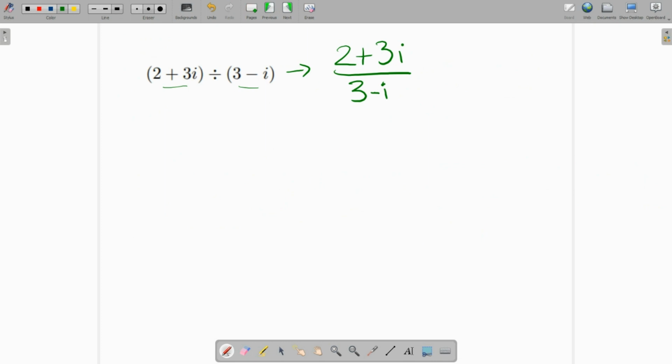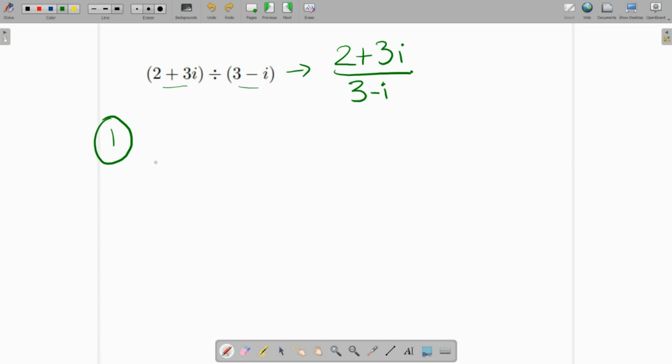So this is basically the rewritten form of this question in fraction form. The first step is always to rationalize the denominator, I guess. So the first step is to multiply the numerator and the denominator by the conjugate of the denominator, because that's how we rationalize it.